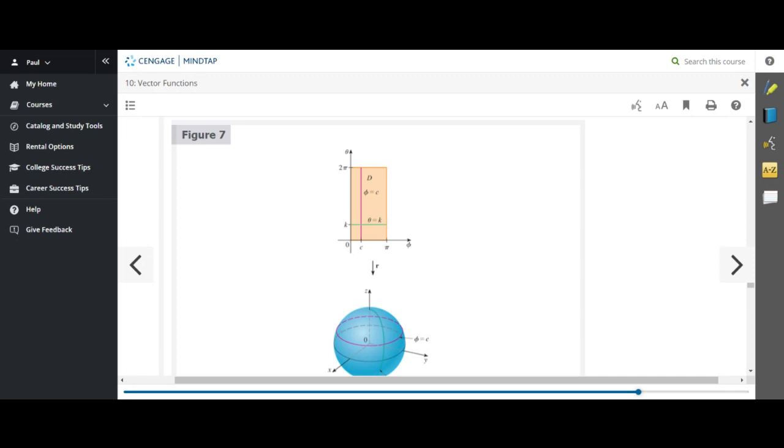Well, if phi is equal to c, then in terms of the sphere below, the grid line on the sphere would be that circle. See that circle on the sphere that says phi equals c? That's your grid line.